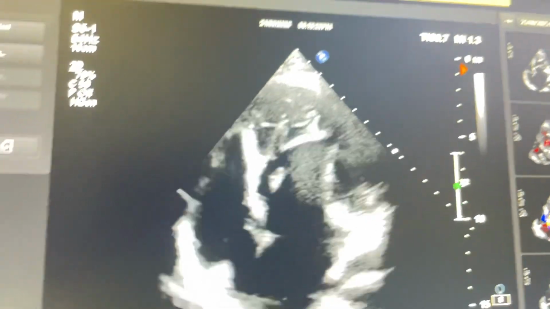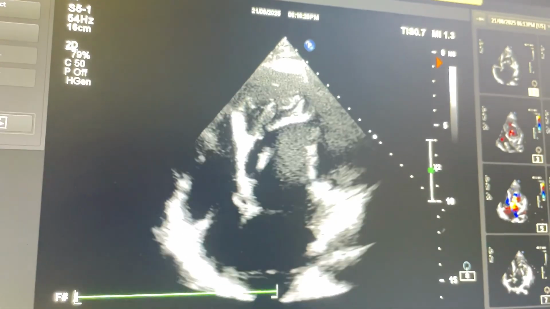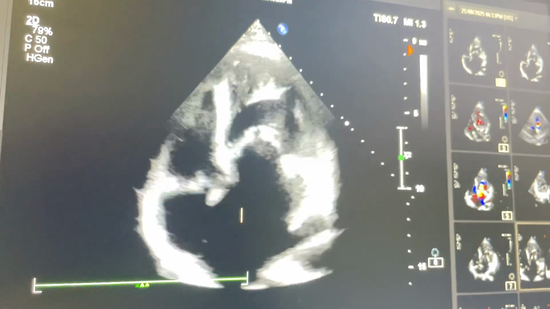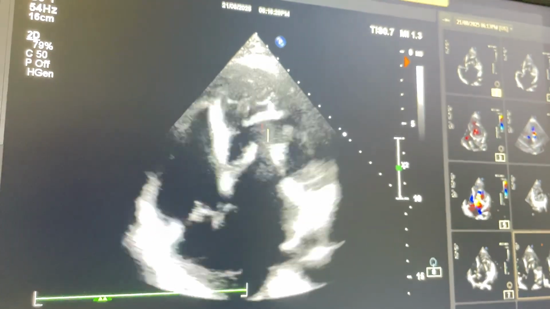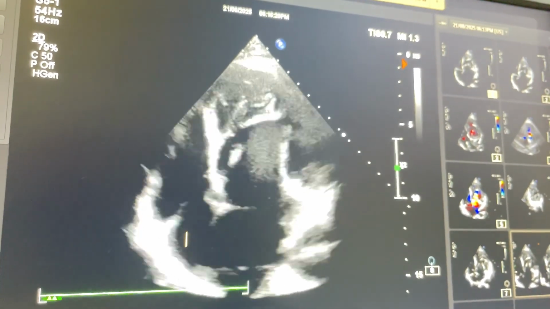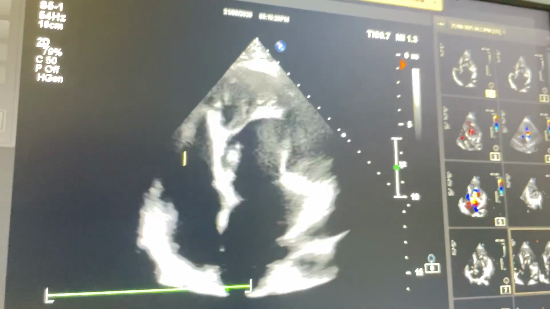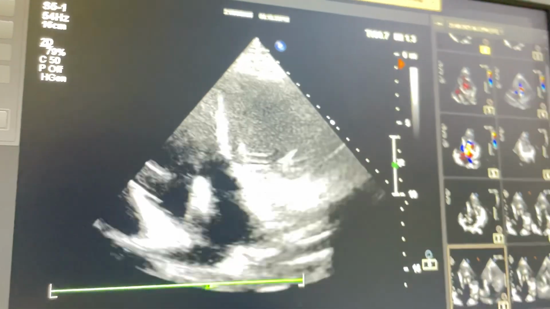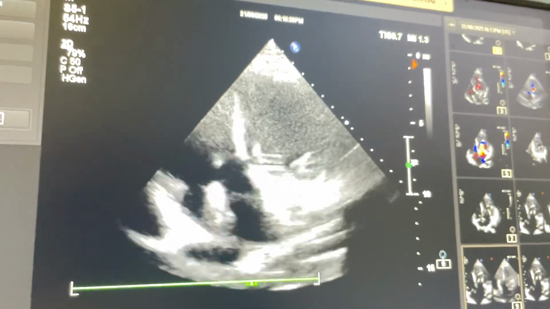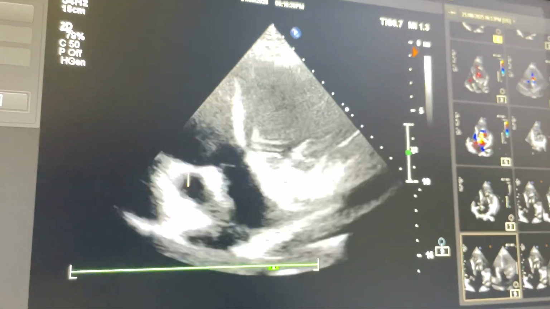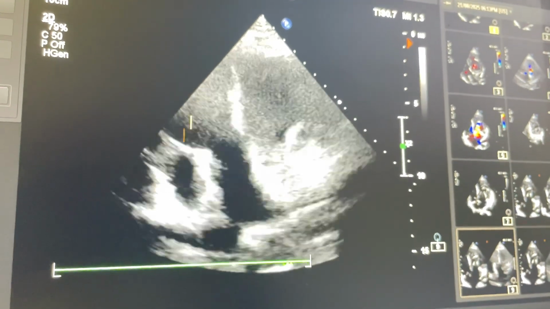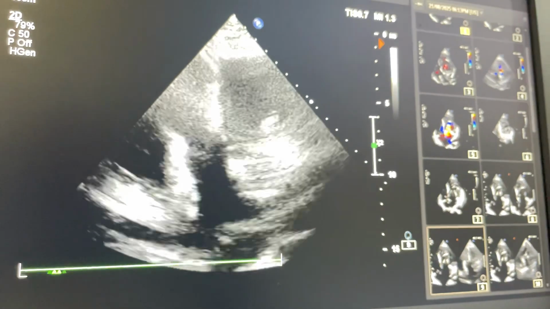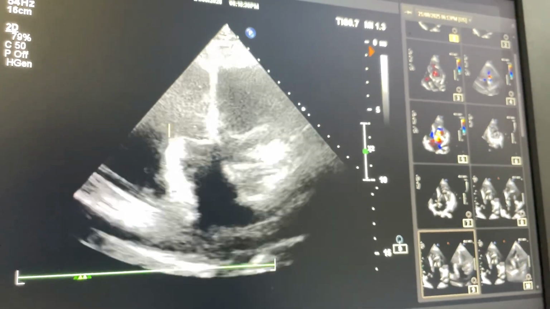So tricuspid valve is more apical. You can easily see them in this image. This is left atrium, this is right ventricle, this is right atrium, this is left ventricle. In this image, you can very easily see this is right atrium, this is left ventricle, and this is main pulmonary artery. You can see this main pulmonary artery coming out of left ventricle.